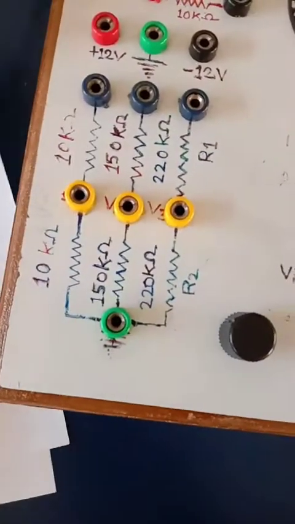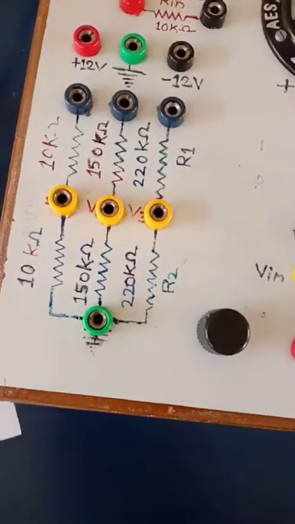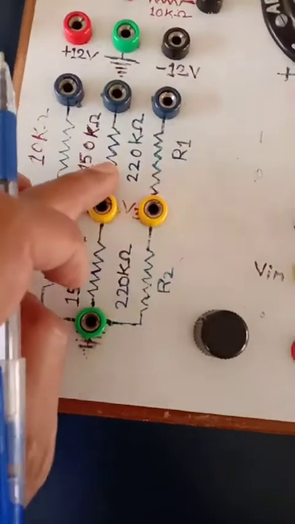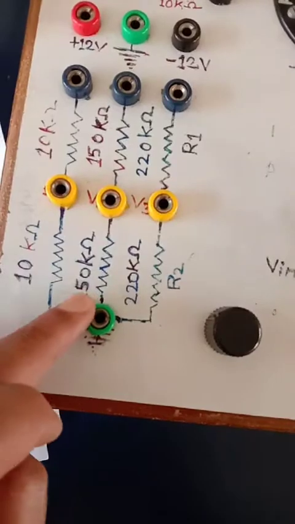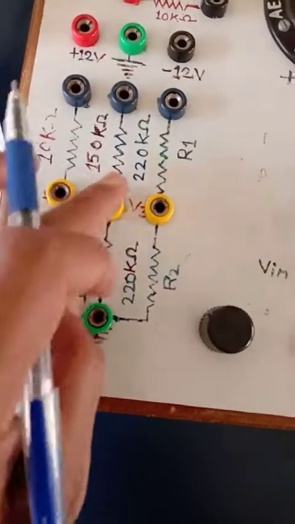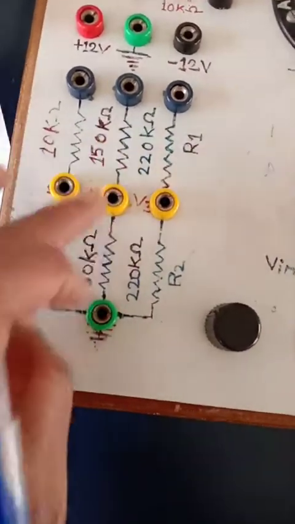In this way we can also calculate for the other voltage divider branch. Here also 150K resistors are connected in series.